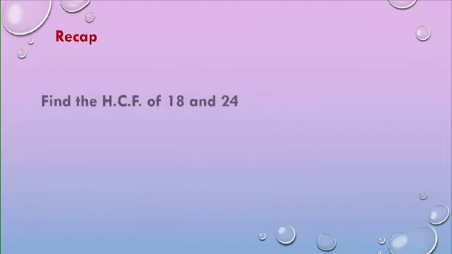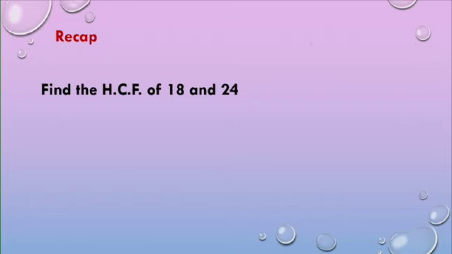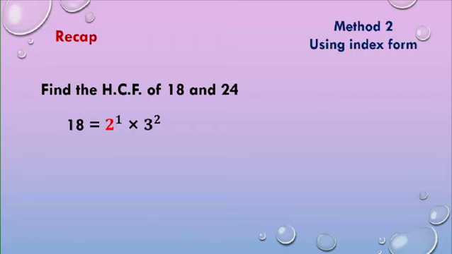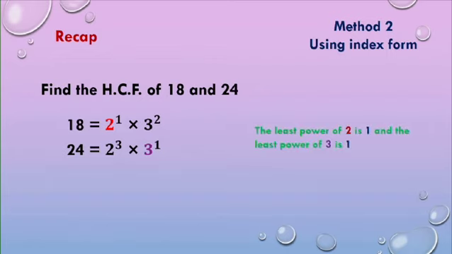You also learned how to find HCF of integers using index form. That is, we write the 2 integers as a product of their prime factors, but the prime factors are written in index form. That is, 18 is equal to 2 power 1 times 3 power 2, and 24 is 2 power 3 times 3 power 1. Now the HCF will be the least power of the common factors.